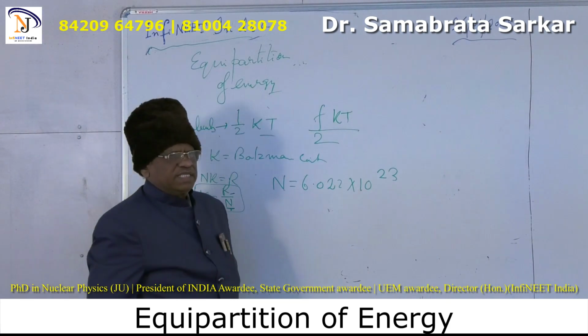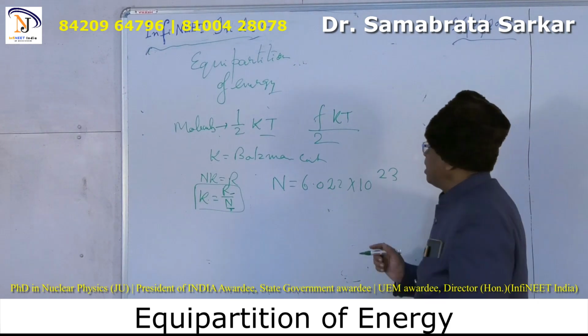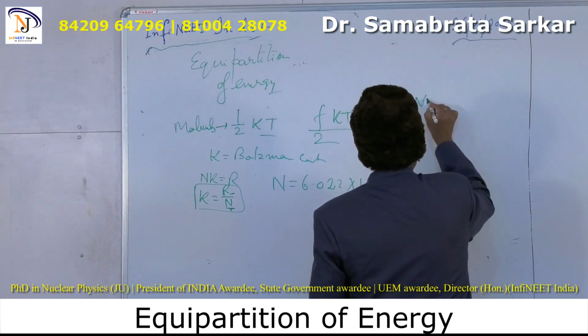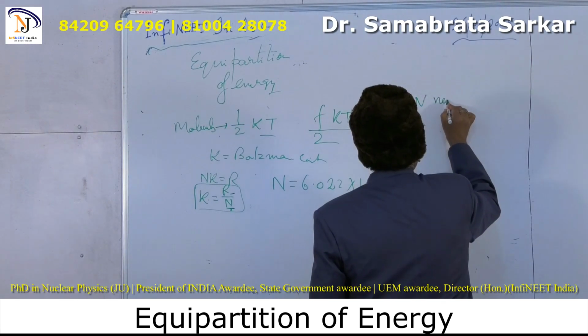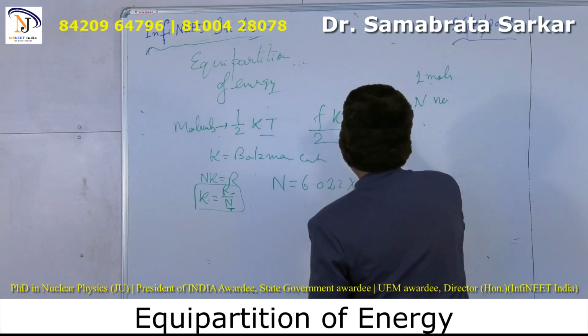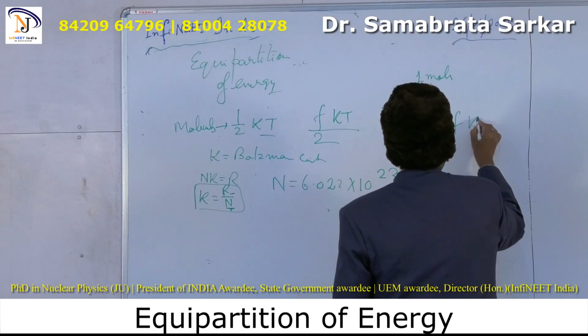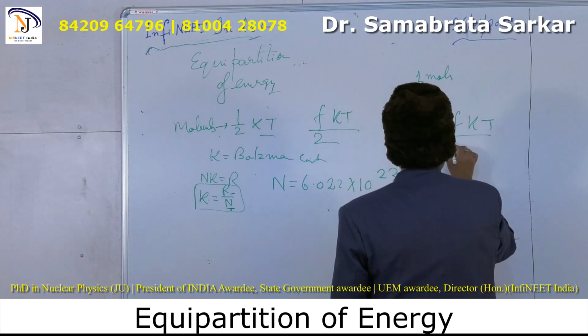For 1 mole of such gas, 1 mole means N in number. Each molecule has f kT by 2, so 1 mole means N into f into k into T by 2.